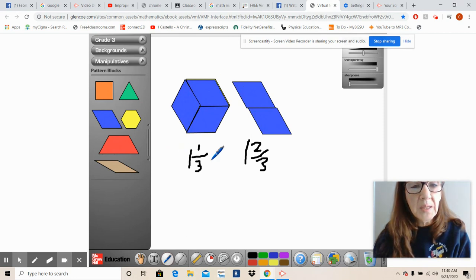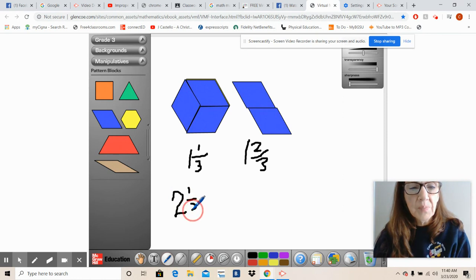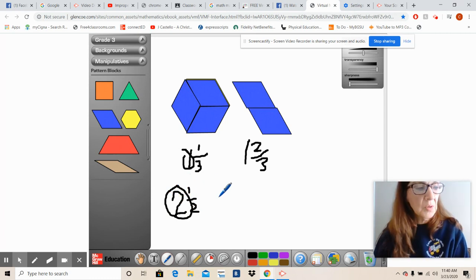Well, we had 1 here, and remember on the other one we had 2 1/2. So I'm going to put that on the board here again. Okay, so the whole numbers we have here, 1 is a whole number, and 2 is a whole number. Those are called whole numbers.